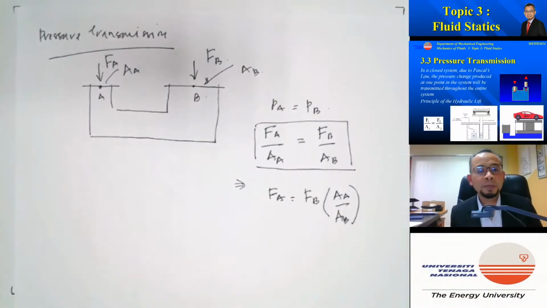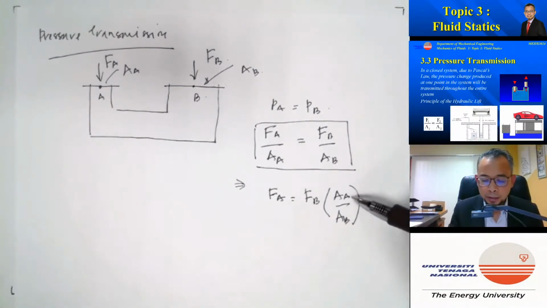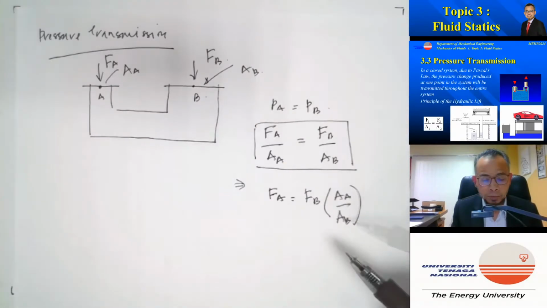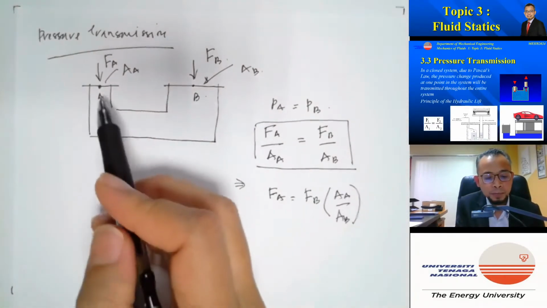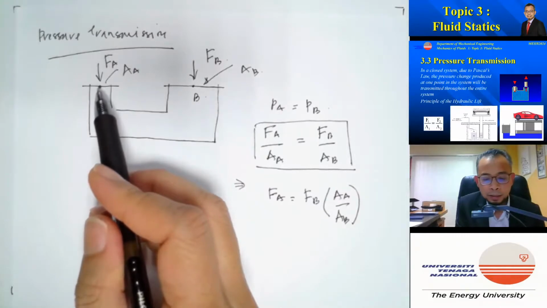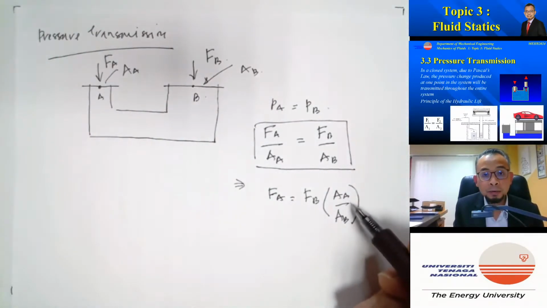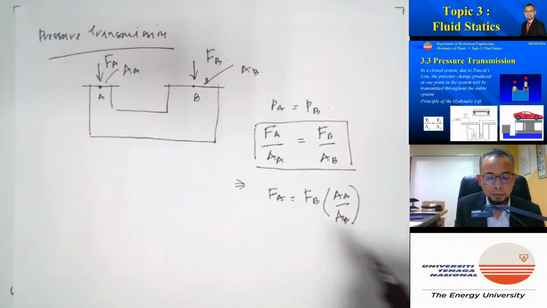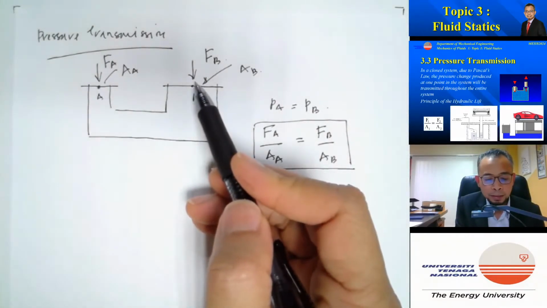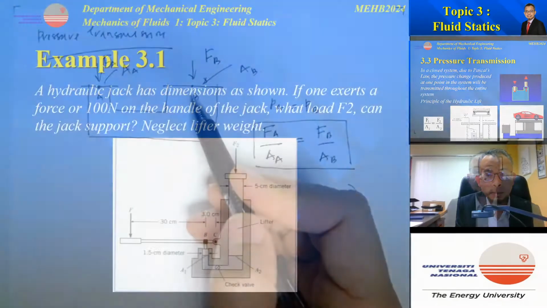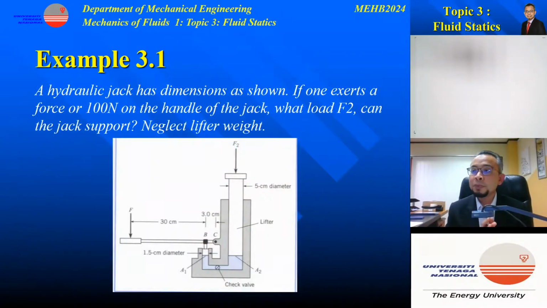So this is the basic principle of the hydraulic lift. If the ratio AA over AB is small, that means the force that you need to apply at A will be reduced by the ratio of AA over AB compared to the force applied at point B.